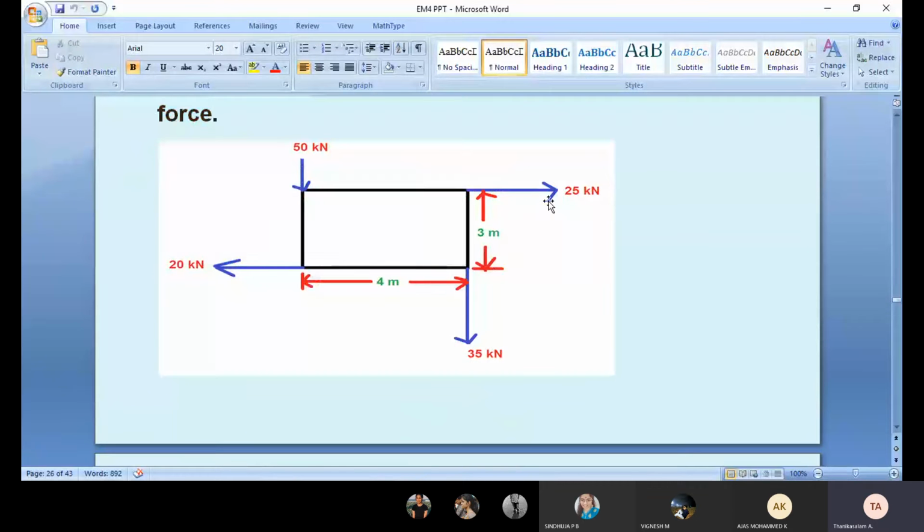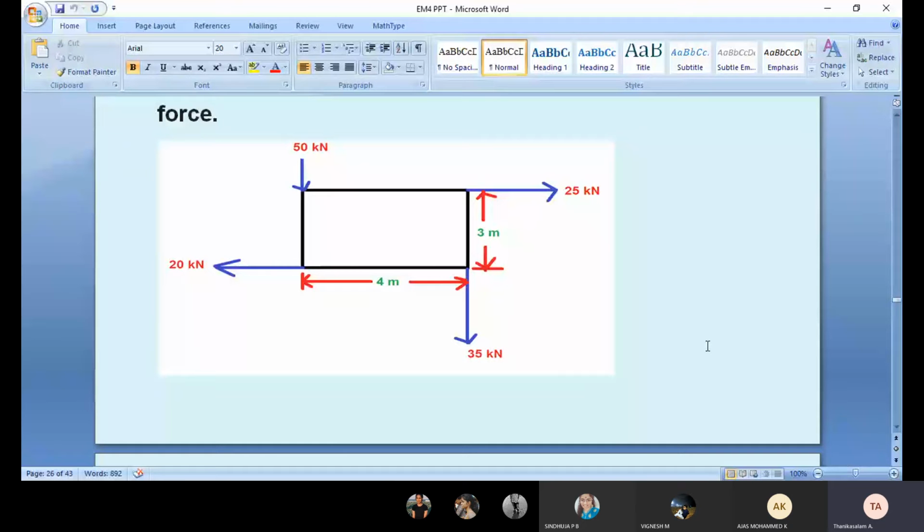Can you tell me the horizontal forces from the diagram? 25 kilonewton and 20 kilonewton. See, don't say like that.